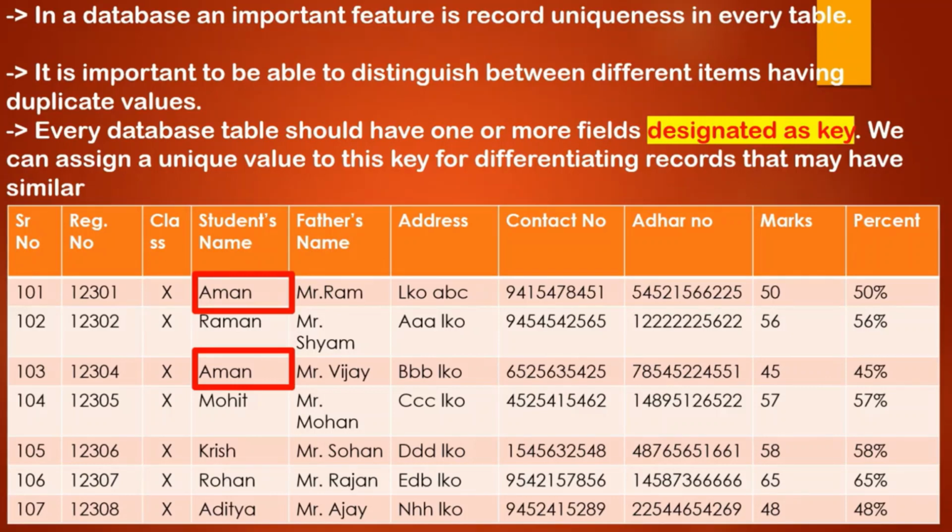But there are two Amans in the list. इस table में there are two Aman. So it is possible कि अगर मैं name के according record access करती हूँ, तो I can access the record of Aman in place of the one whose father is Mr.